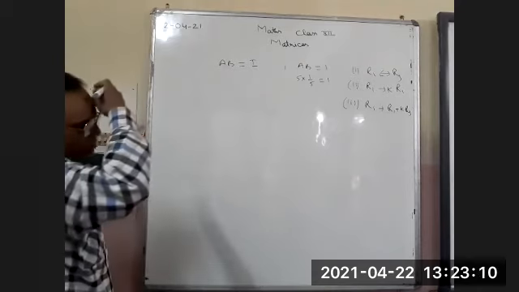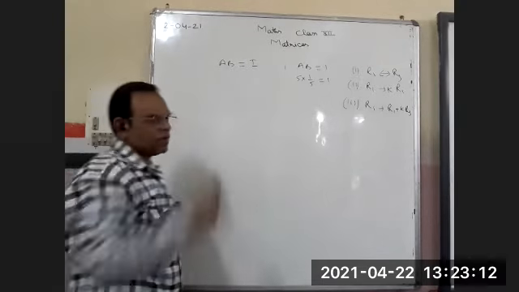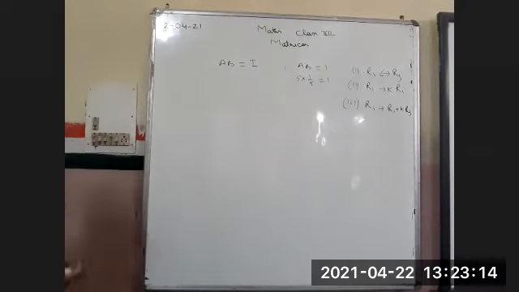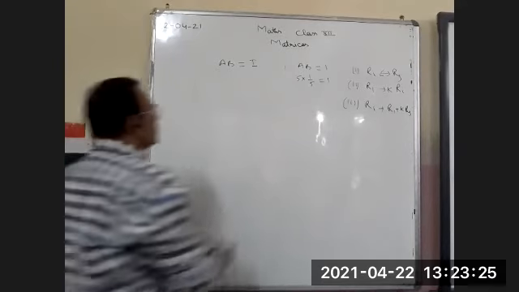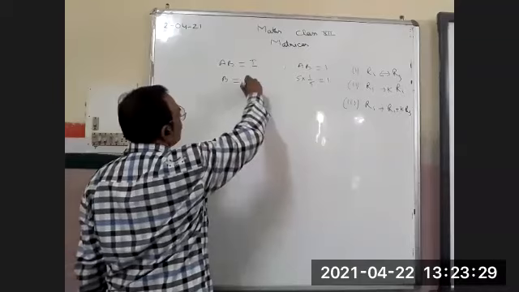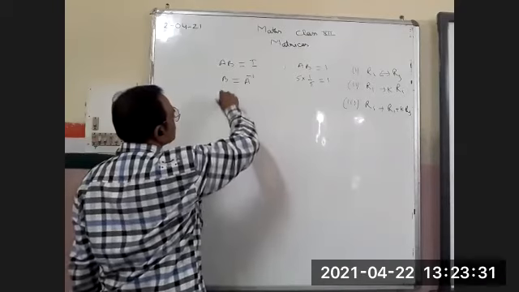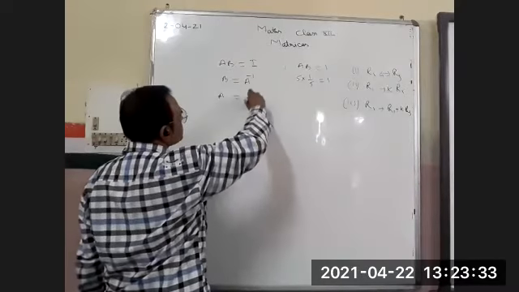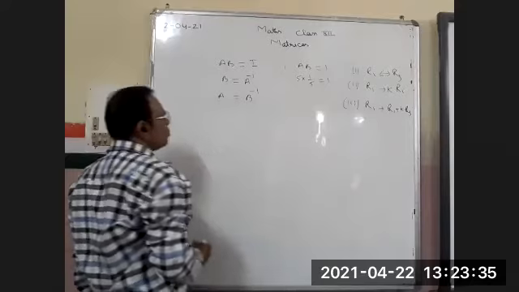In the same way, if the product of two matrices is the identity matrix, then A will be the inverse of B and B is the inverse of A. So you can write it this way, B is the inverse of A or A is the inverse of B. Both are the same thing.